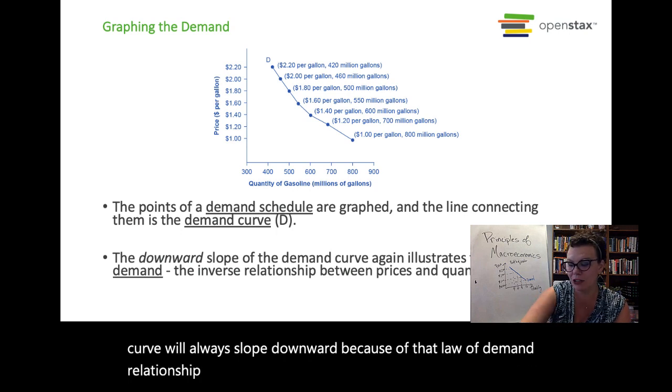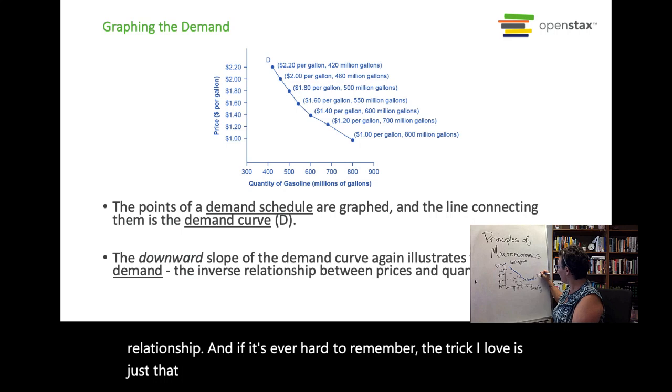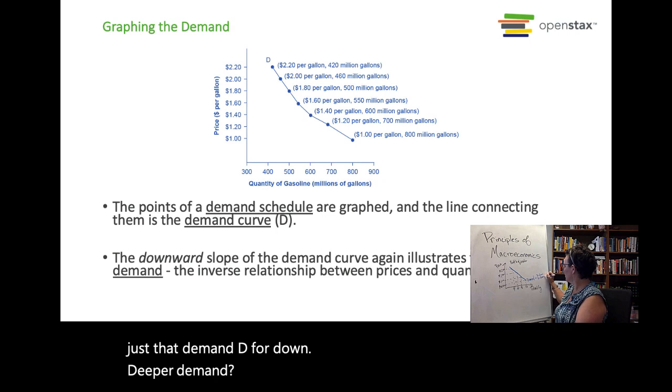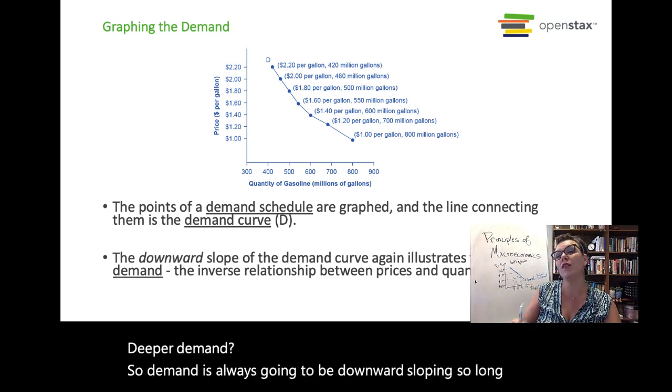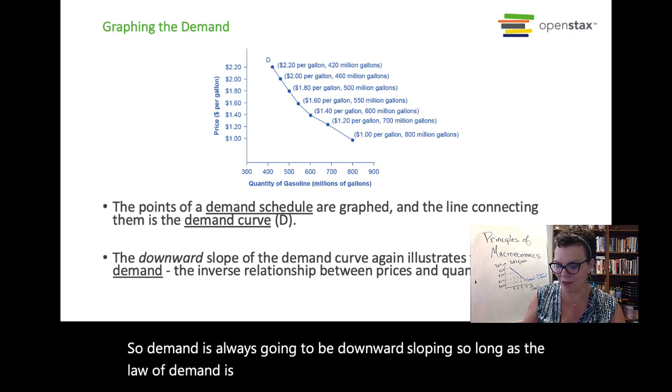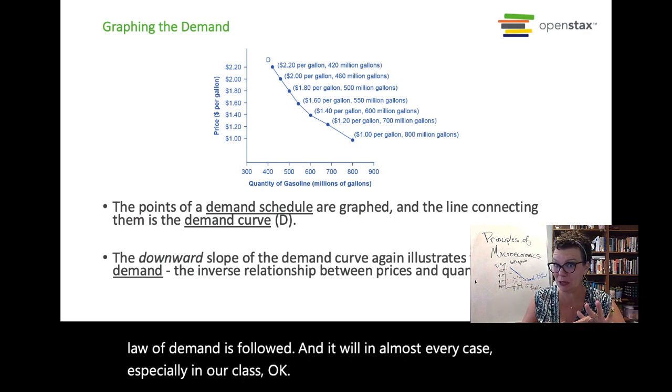If it's ever hard to remember, the trick I love is that D for demand is D for down. So demand is always going to be downward sloping so long as the law of demand is followed, and it will be in almost every case, especially in our class. Okay, so far so good.